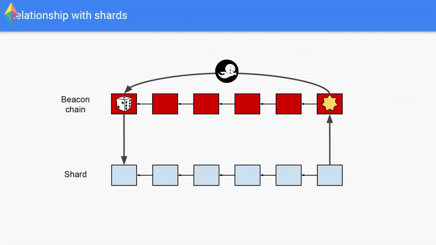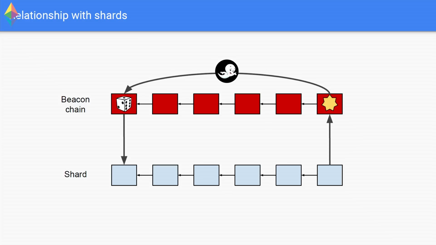So this is a simplified diagram of the relationship between the beacon chain and the shards. Time goes from left to right. The beacon chain, towards the beginning of the epoch, will provide a random number. This random number is used to select some validators in the shards, which we call proposers, attesters, and notaries, and that will grow the shard.